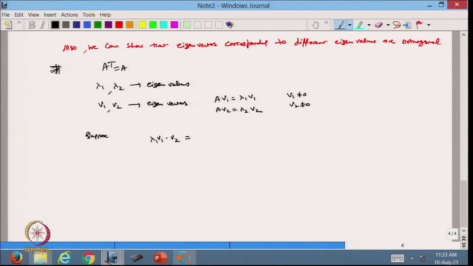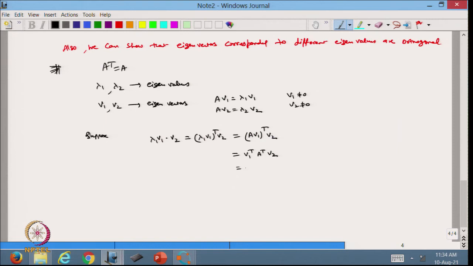I can define this one as lambda 1 V1 transpose V2, that thing we know. Now, lambda 1 V1 is A V1, so it is equal to A V1 transpose V2. From here I can write this as V1 transpose A transpose V2.